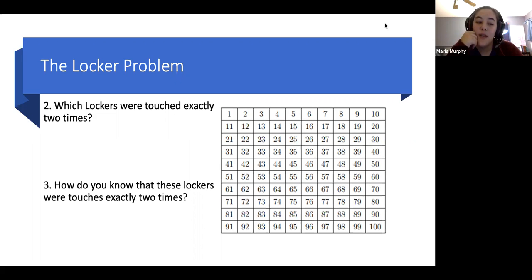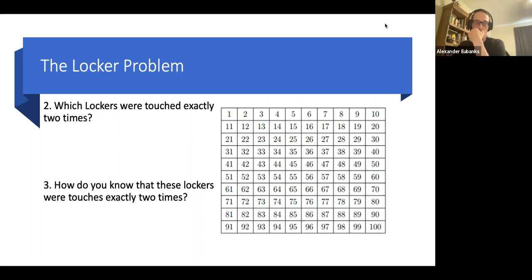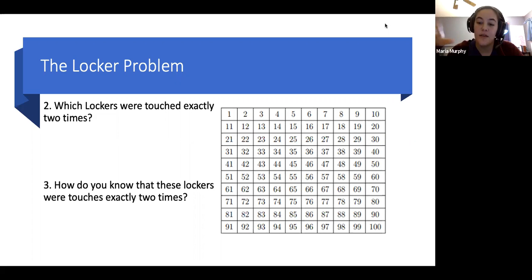Well, you have to think about it. So the first person opens all the lockers, right? The second person closes every other, and the third person goes ahead and opens multiples of 3. The fourth person opens multiples of 4, right? So really, when you think about the numbers that are going to be only touched twice, whether it's going to be open and then closed or closed and open, those numbers don't have a lot of multiples, right?